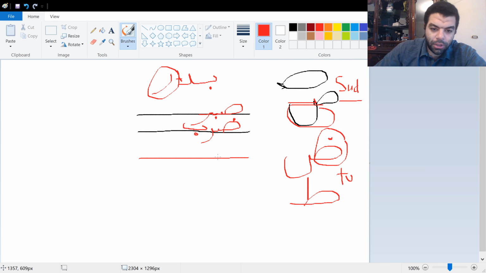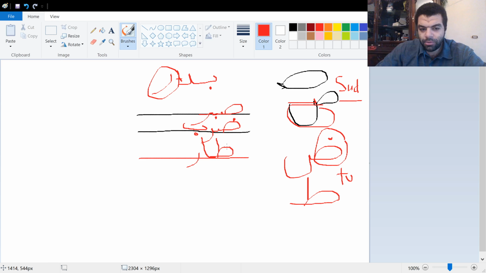Okay, tar, which means flew. Someone flew in the air. So ta, like this, and then tar alif. You just go up, and then alif is not connected from the left, and then we put re, which is the curve. Tar. Okay? هو طار. He flew. And it also means other stuff, but for now, it looks like this.